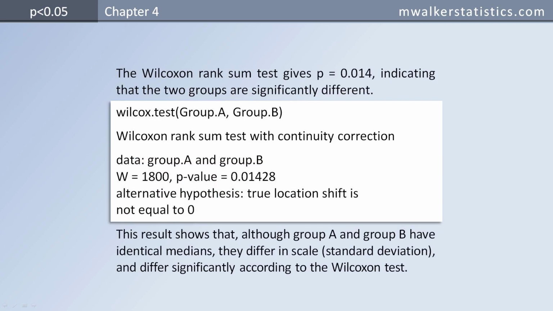The Wilcoxon rank sum test gives p equals 0.014, indicating that the 2 groups are significantly different. This result shows that, although Group A and Group B have identical medians, they differ in scale, standard deviation, and differ significantly according to the Wilcoxon test.